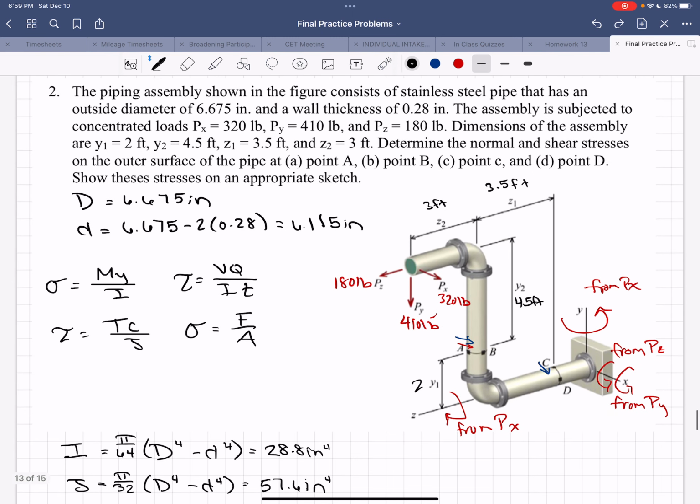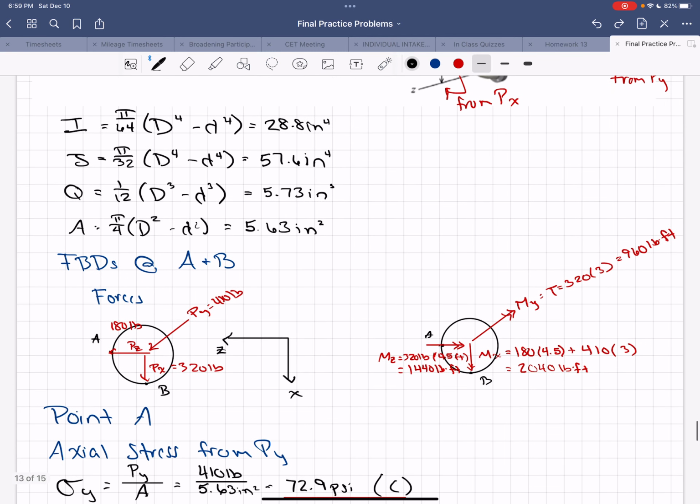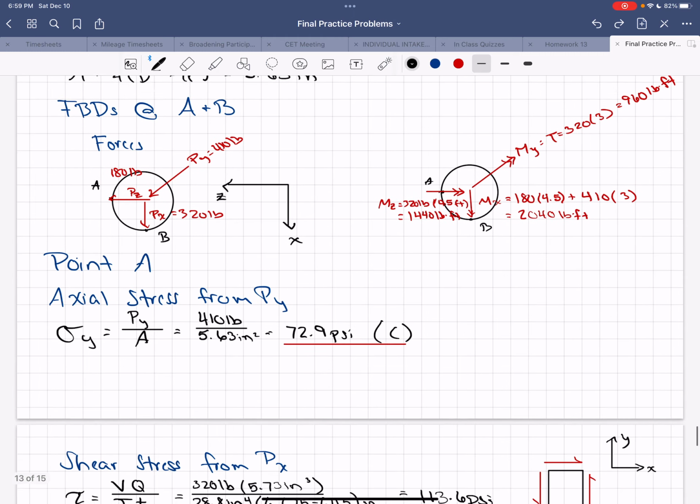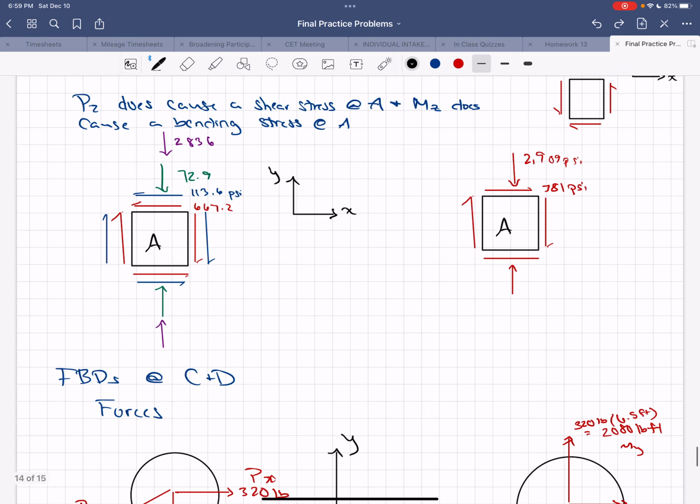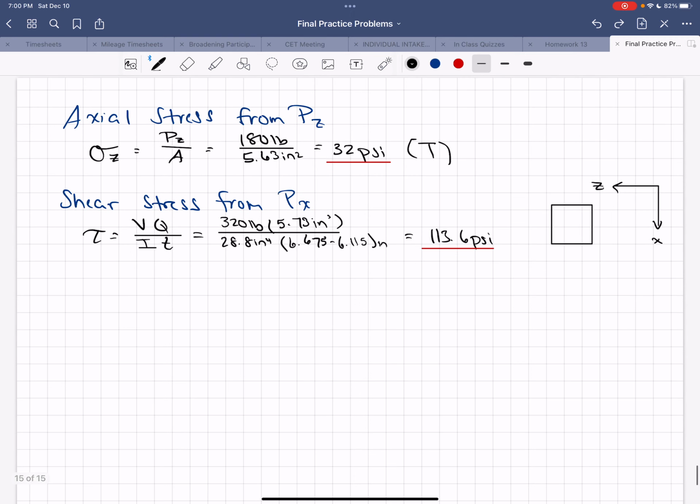Wait. So PX comes down in the positive, oh yeah, positive X on positive Z face. This is where it gets confusing and how you draw it. So our positive Z face is over here, and our positive X direction is going down, which I'm not used to, but it's all good. It's just making sure. That's why we have to draw our axis, and that's why I think it's very helpful to draw these little stress blocks along the way.